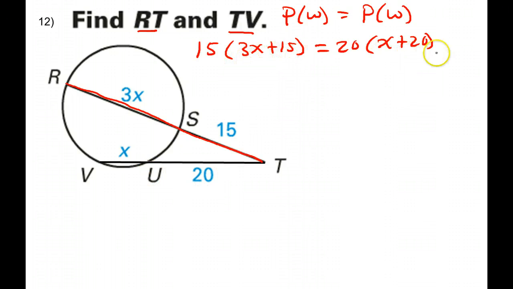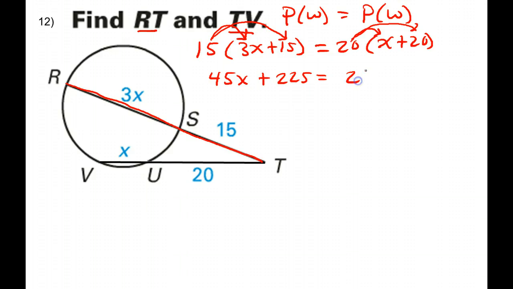So it's just a matter of solving this. There are no like terms that I need to combine, so I can just go straight to the distributive property. So distribute, distribute. All right, so this is going to make 45x plus 225 is equal to 20x plus 400.